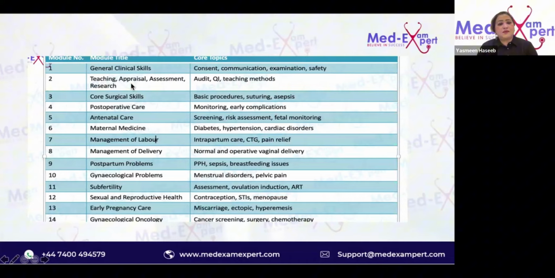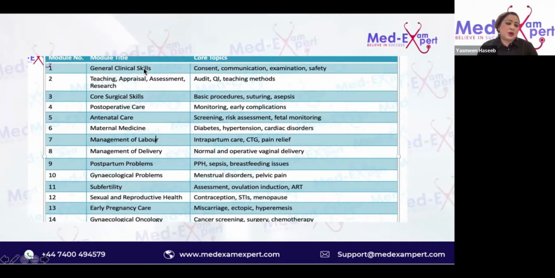In the syllabus, there are 14 modules, and these are the important topics being covered. General clinical skills cover consent, communication, examination, safety, teaching, appraisal, audit and teaching methods. Core surgical skills covers basic surgical procedures as well as suturing and asepsis, post-operative care, antenatal care, maternal medicine, management of labor, delivery, postpartum issues, gynecological problems, subfertility, sexual and reproductive health, early pregnancy care, and gynecological oncology.